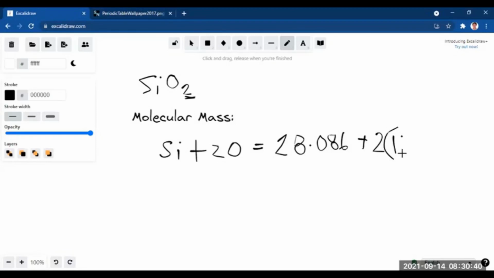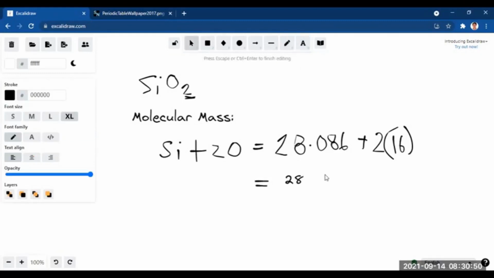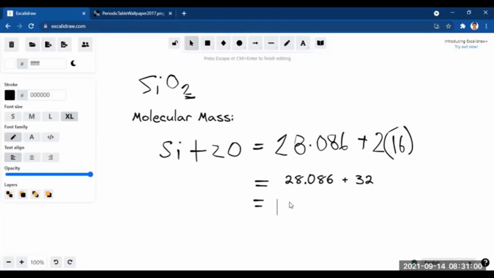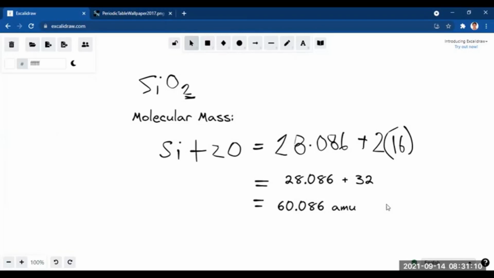So we have 2 oxygen atoms, so this will be multiplied by 2. Okay, 60.06. So this is the molecular mass of silicon dioxide.